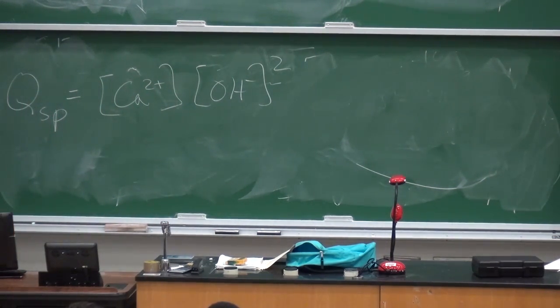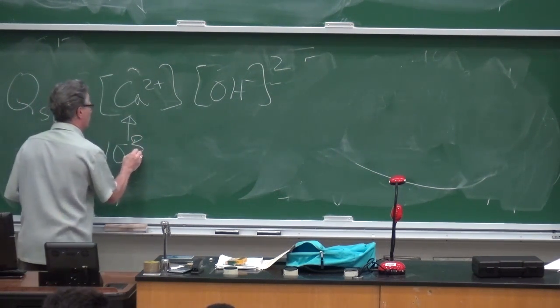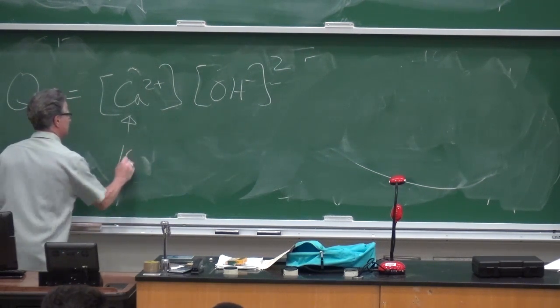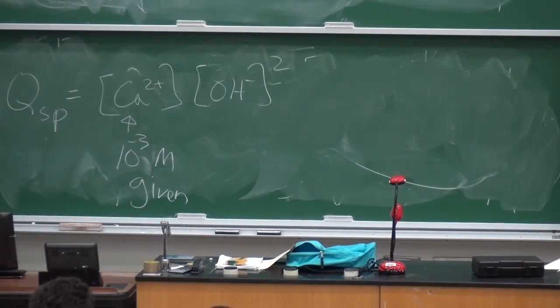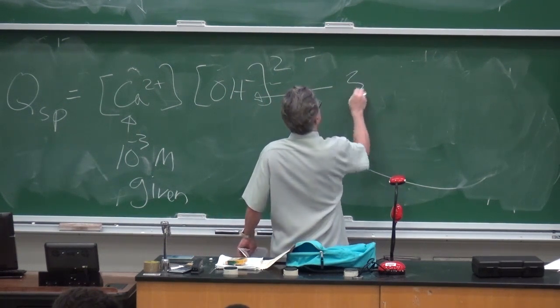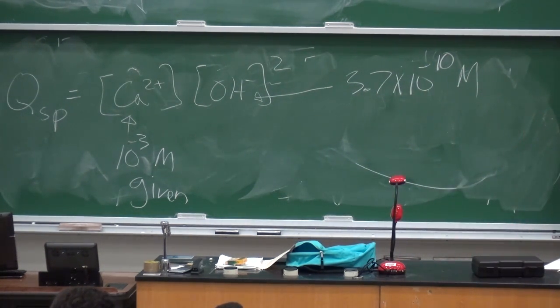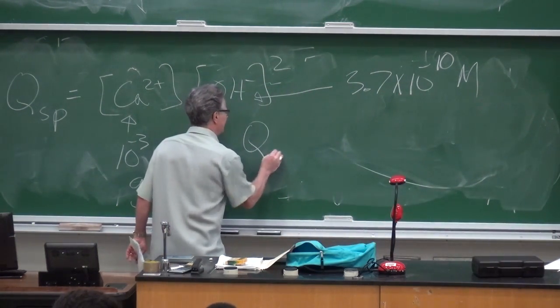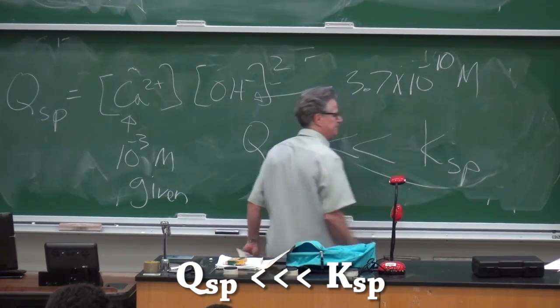Now, this is QSP. What do I know? I know that the calcium is 10 to the minus 3 molar because that was given. And I'm saying when I get up to 3.7 times 10 to the minus 10 hydroxide, I'm just at the point where I got all of the tin out. What you're going to find is that QSP is much, much, much less than KSP.